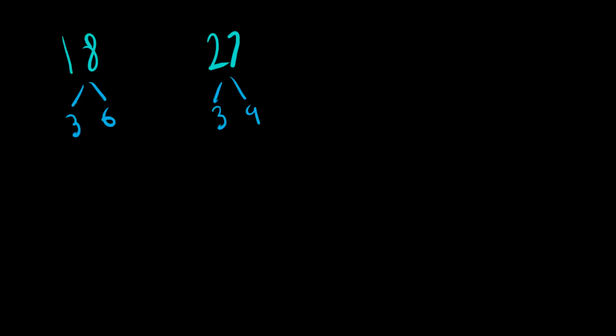Note that in multiplication, we do not have to take only two numbers and multiply them together to get the product. We could multiply more than two numbers. So let's break up 6 and break up 9. So 3 is a common factor of both 18 and 27, and so is this other 3.